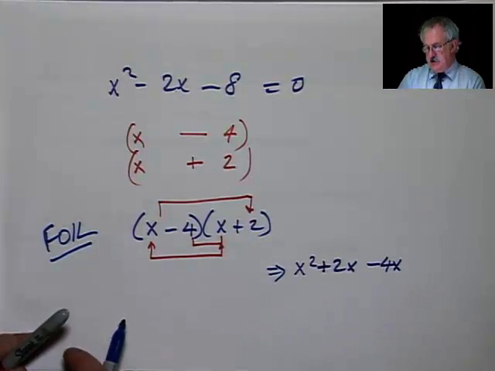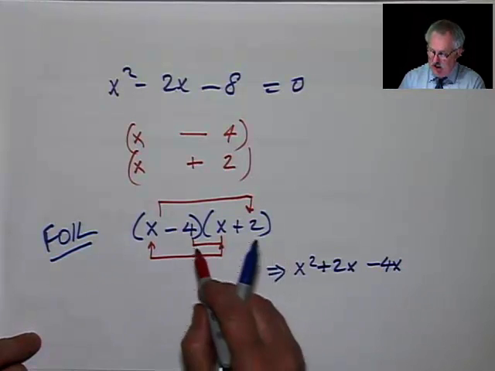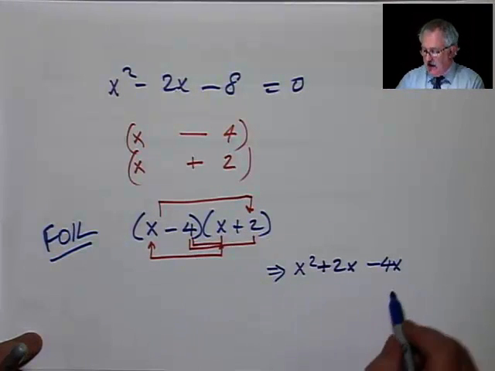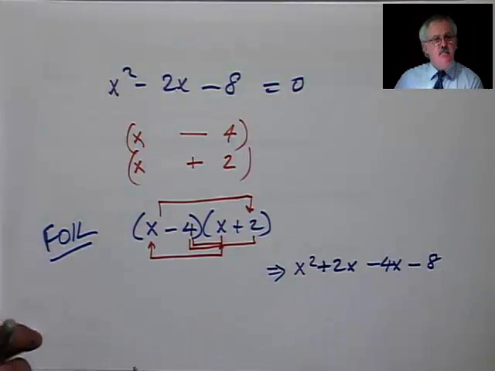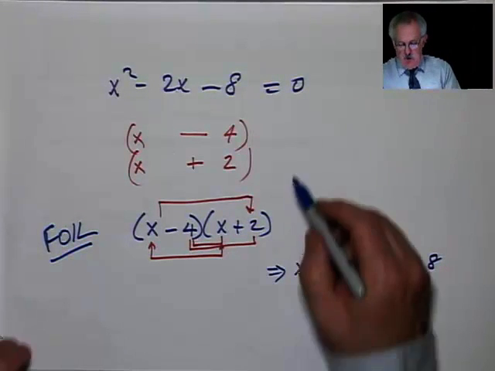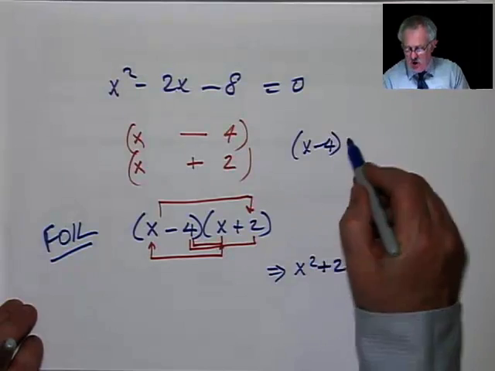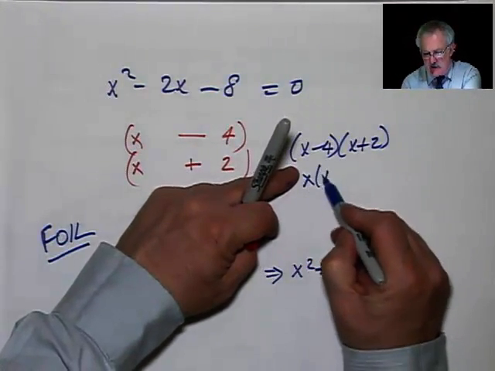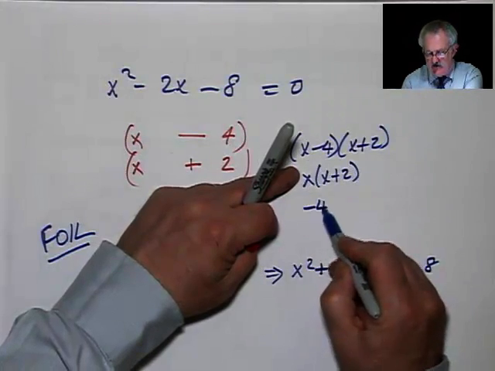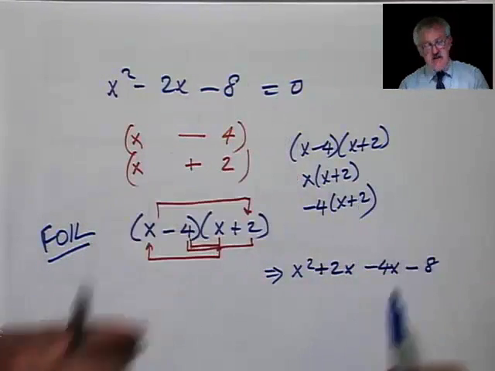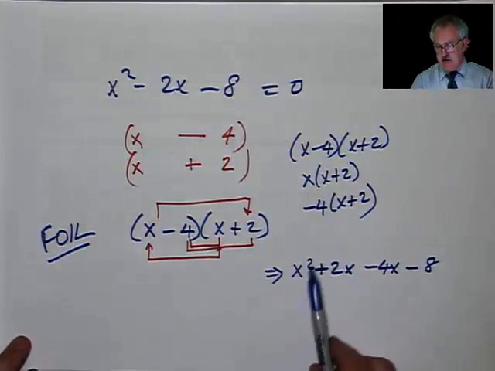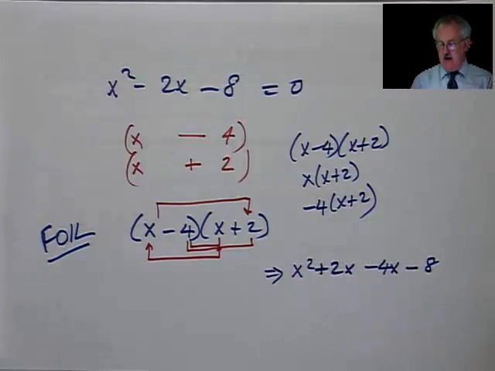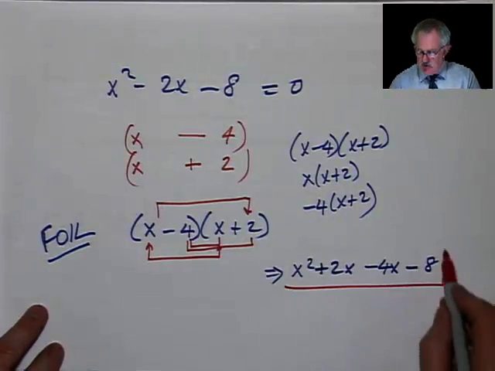And the last ones, minus 4 by 2, is minus 8. We would do much the same here: x minus 4 by x plus 2. Let's do x times x plus 2, and then minus 4 times x plus 2, which is exactly the same. x by x, x squared; x by 2, 2x; minus 4 by x; and minus 4 by 2, minus 8. So that's our equation.